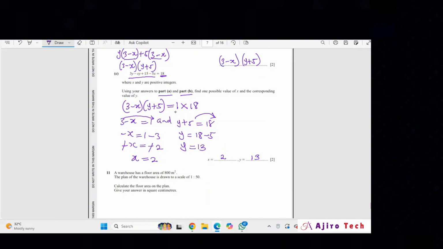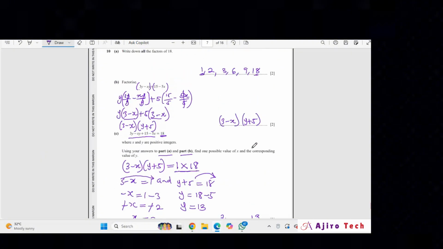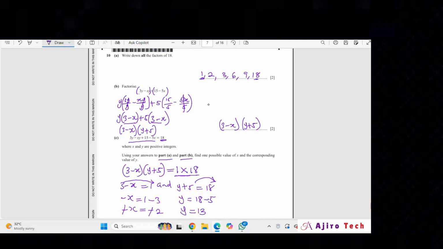Please, I used 1 and 18 from the factors I have up here. Somebody can use 2 and 9. It will still give you the same answer. You can use 3 and 6. It will still give you the same answer. So please, I have a task for you.